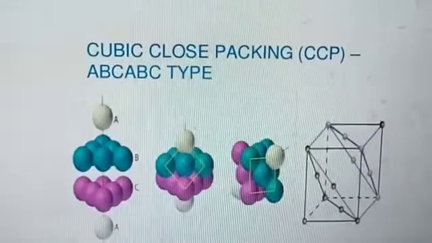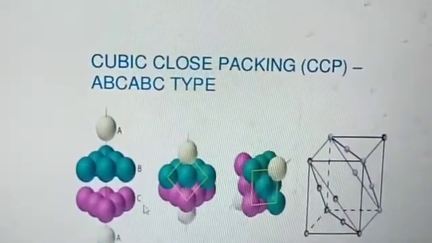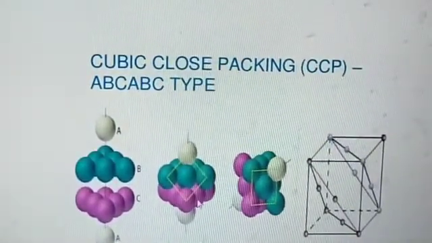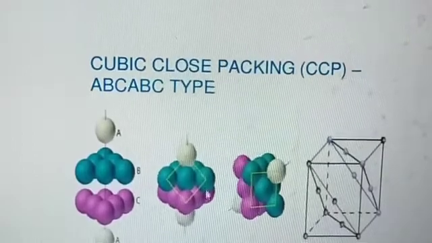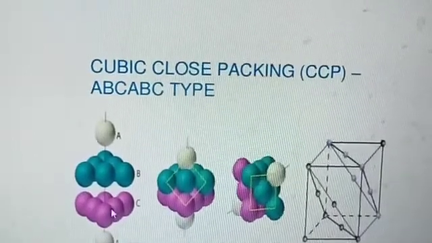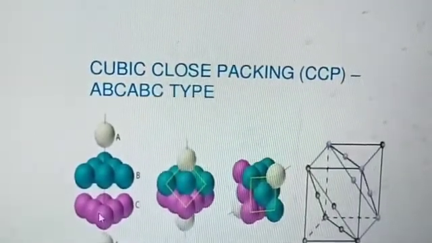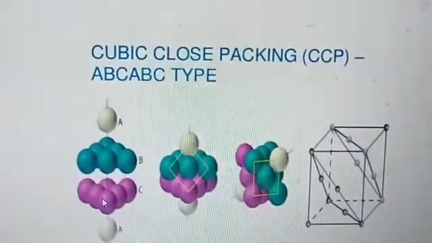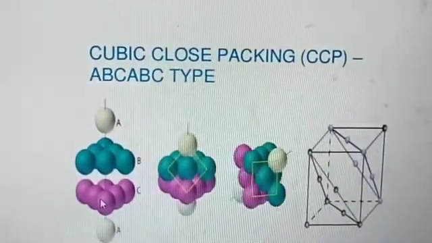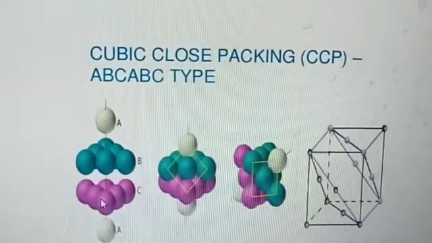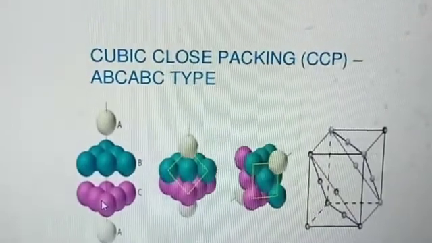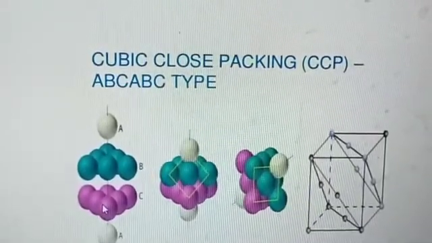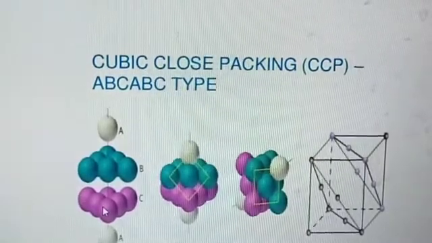See now, this is the ABC type cubic close packed arrangement. In this ABC type of arrangement, we can get cubic close packed along with face centered close packed structures.